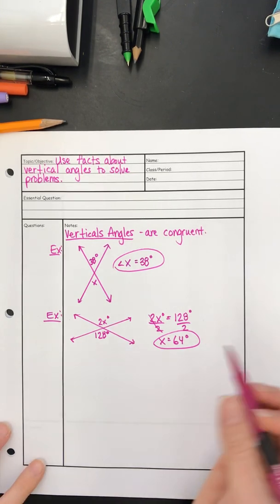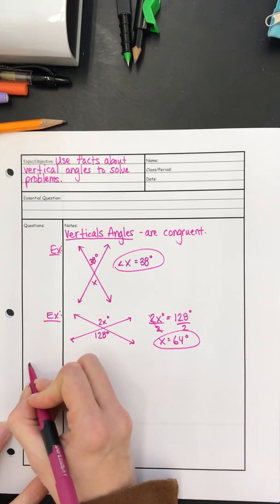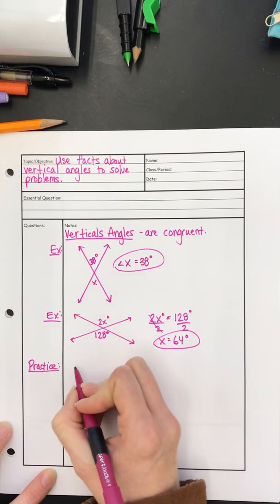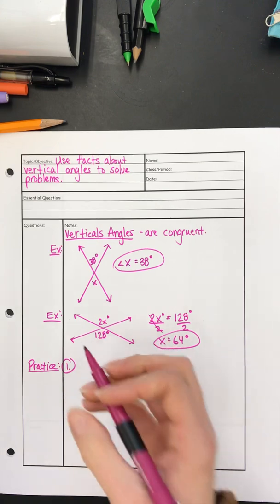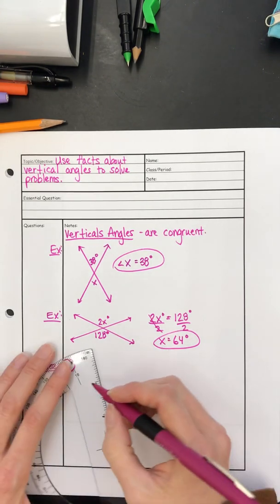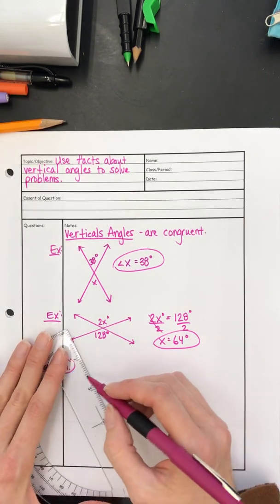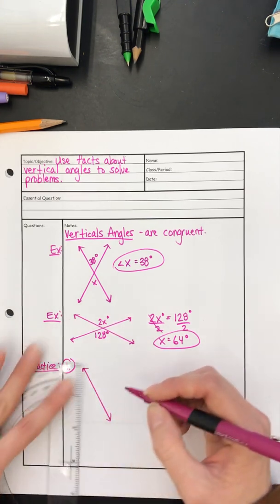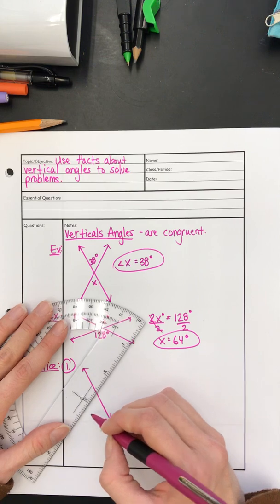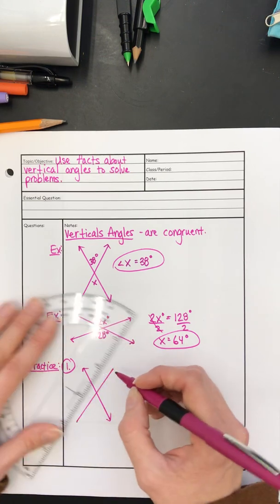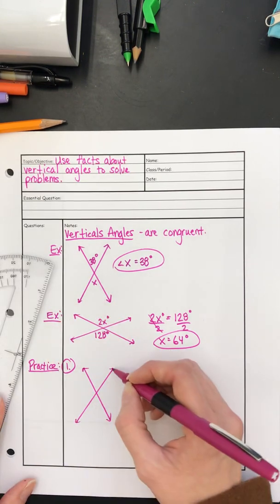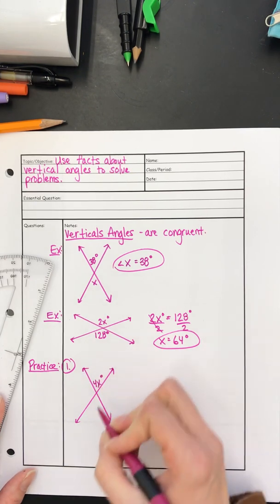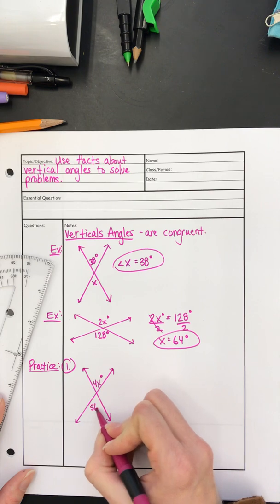Why don't you guys give this a shot? Let's get some practice in. You're just going to be finding the value of the variable. Okay, so this is 4x degrees, and this angle is 56.